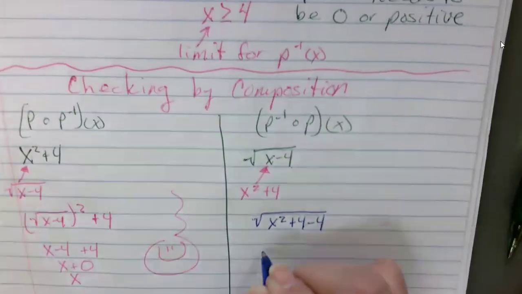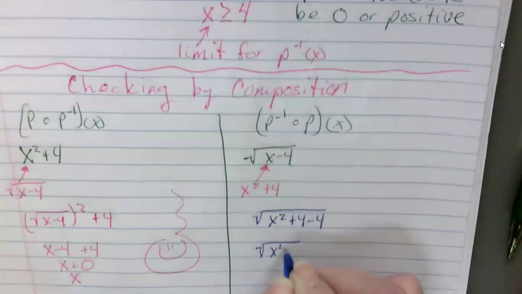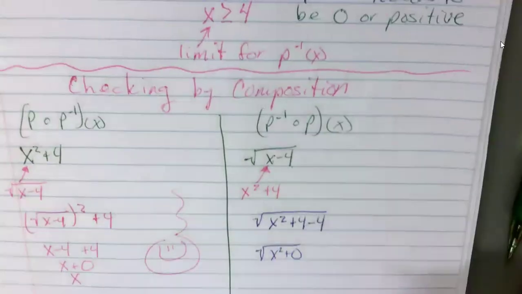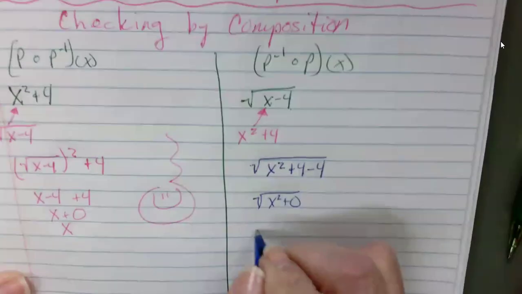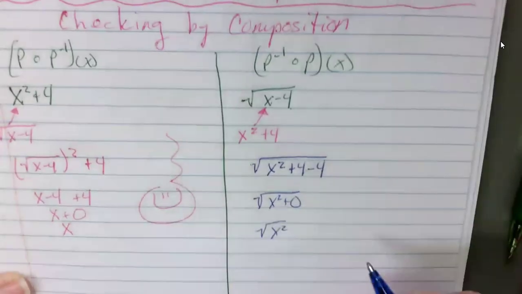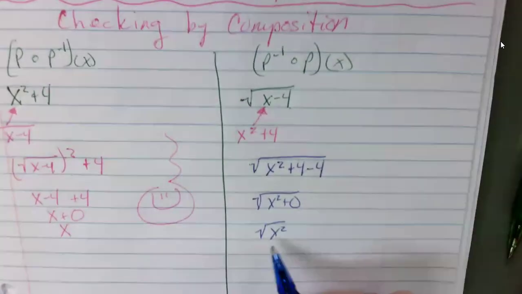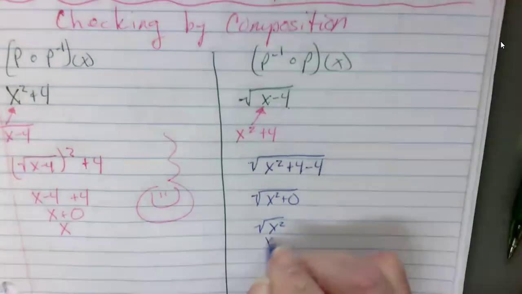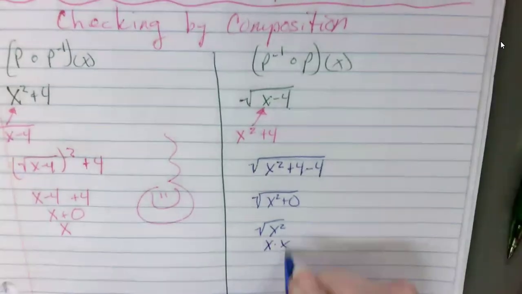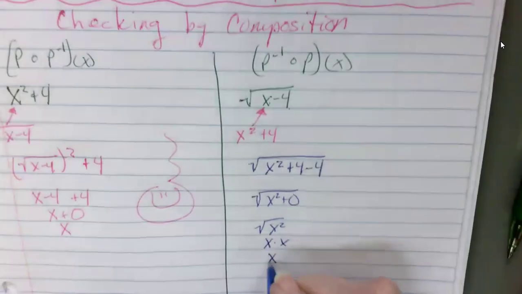So then we get the square root of x squared plus 0, since 4 minus 4 is 0. So we have the square root of x squared. Well, that gives me x times x, so the square root of x times x equals x.